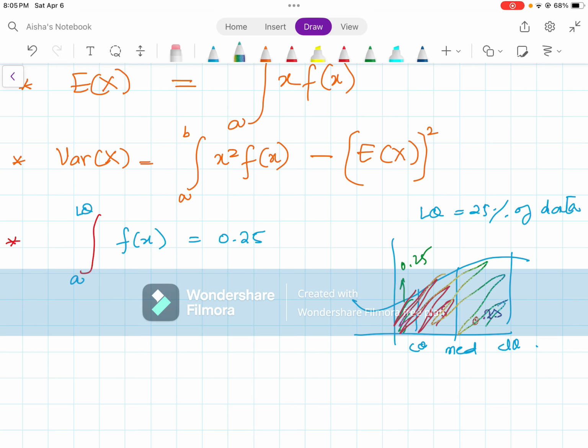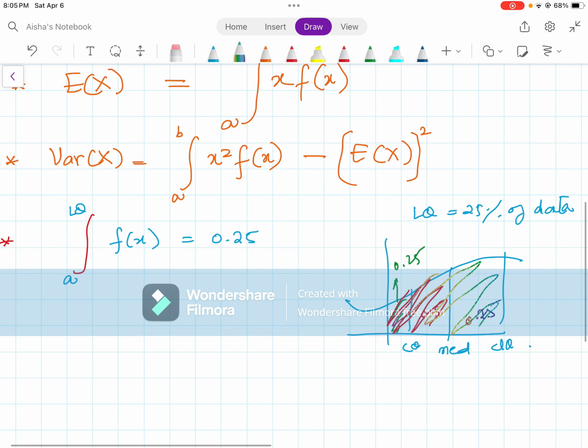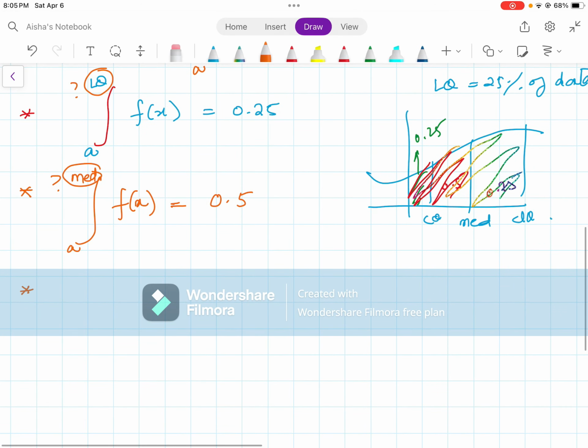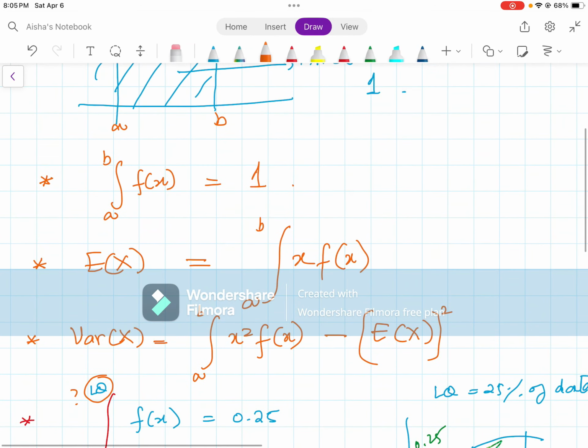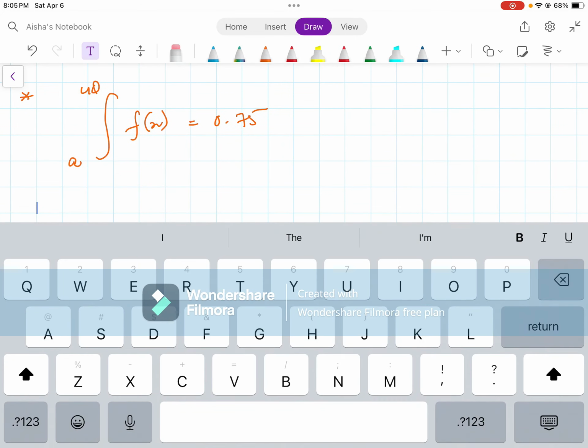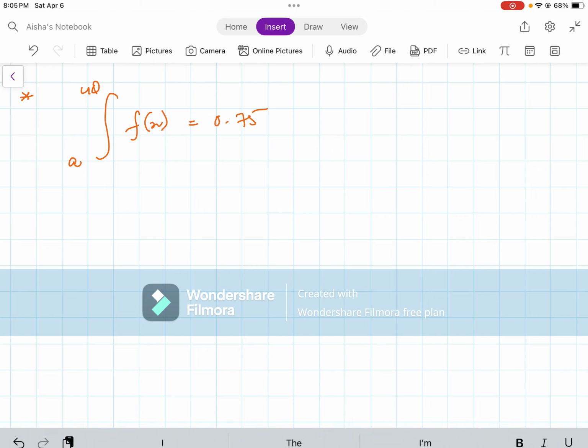This is the unknown here which we will find out. Now for median, this is what we will find out. For upper quartile, so these are all the concepts that you need to know, and using these concepts now we will solve some of the questions from past papers, so you have a better understanding of the topic.